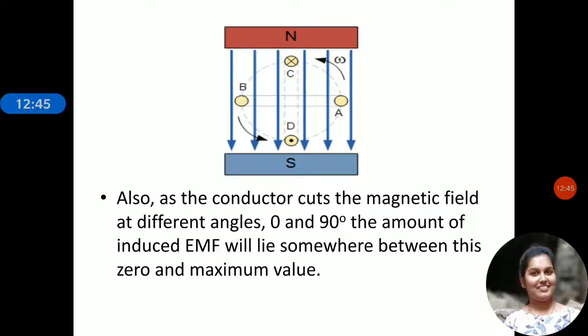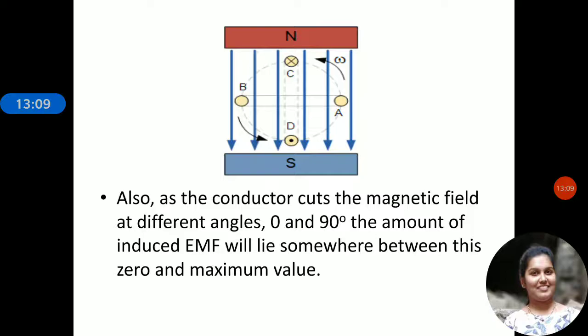So at all times, for production or induction of EMF, the magnetic lines should come in contact with the current carrying conductor. That is, 0 EMF will be induced when the current carrying conductor is in parallel with the magnetic lines of flux.